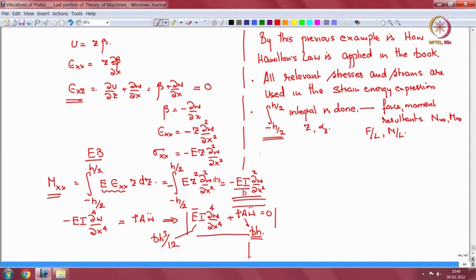Then rotational inertia is ignored from the kinetic energy term, and towards the end the shear strain is 0 condition is used.